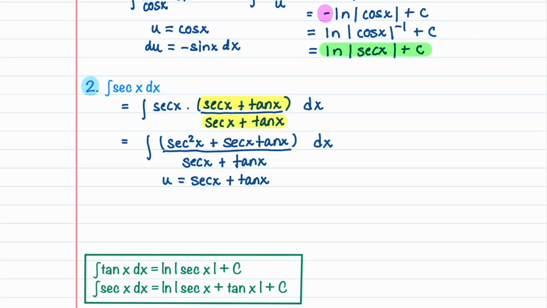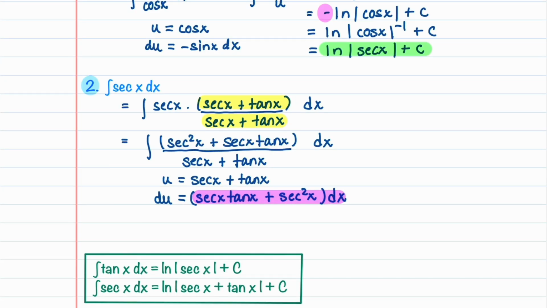And then let's see what du is. Du is the derivative of secant, which is secant x tangent x, plus the derivative of tangent x, which is secant squared x. And let's multiply all this by dx. Notice that this derivative is right up here in the numerator, and that's exactly why we did the multiplication that we did at the beginning.